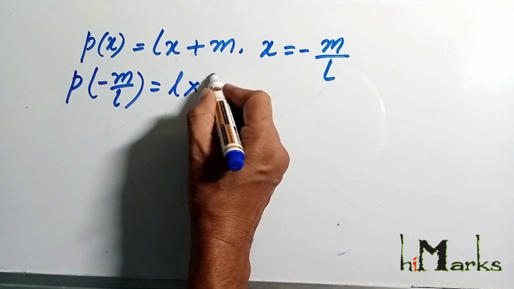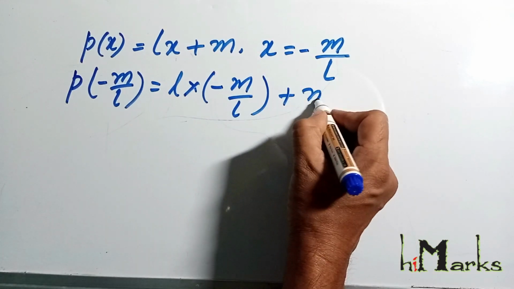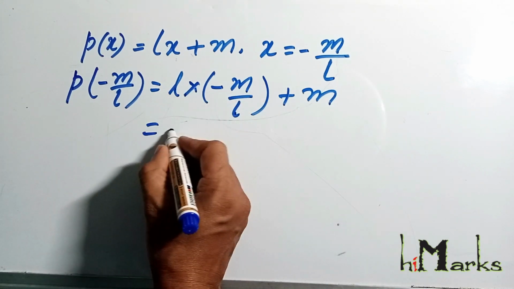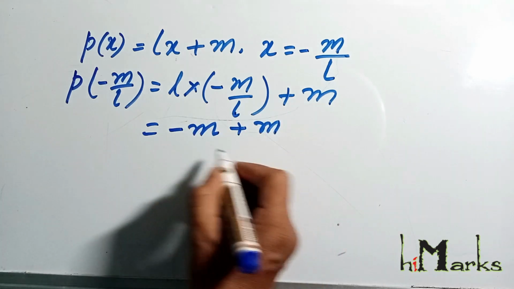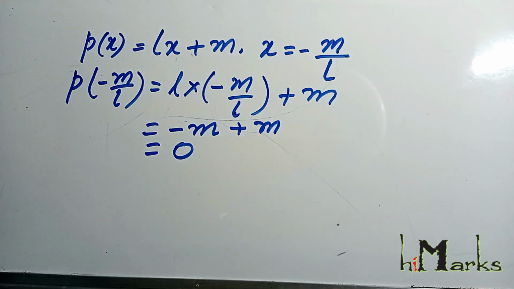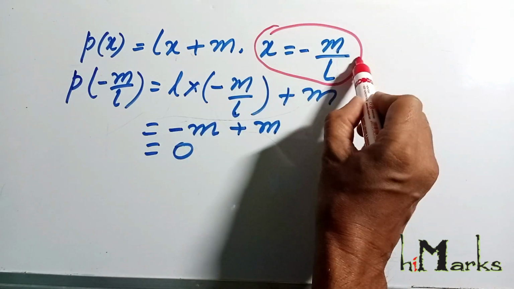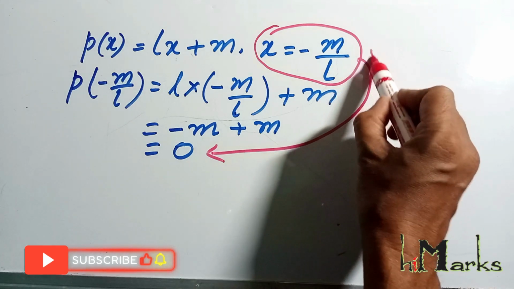In place of x we will write minus m by l plus m. So l in numerator and denominator get cancelled, so this becomes minus m and it becomes plus m, so it becomes 0. So that means x equal to minus m by l makes the polynomial 0, so that is a zero of the polynomial.